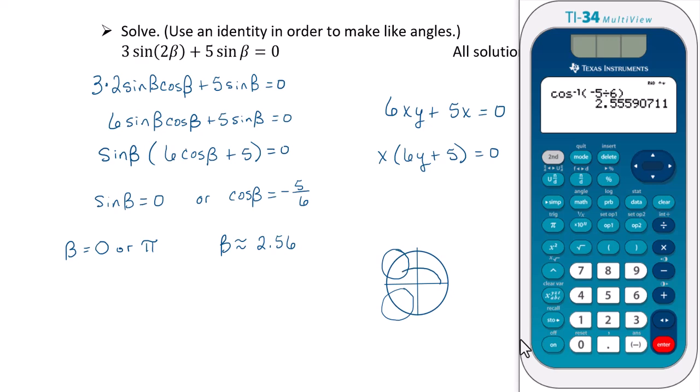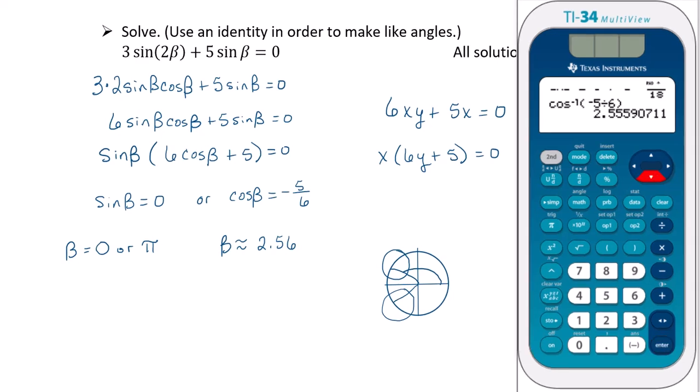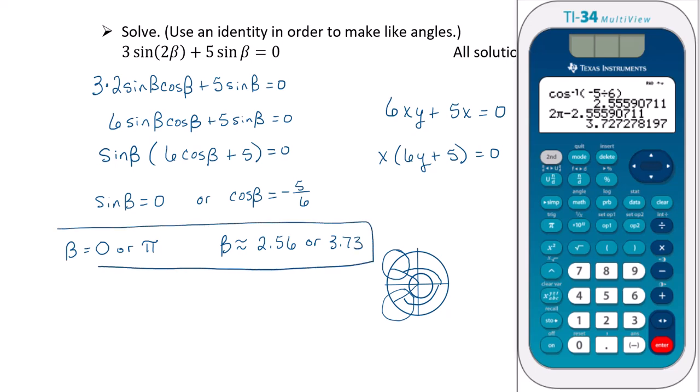So if we're at some 2.56 radians here, to get that angle in the third quadrant, we'll take 2 pi and subtract off the 2.56 radians. So 2 pi minus the 2.56 radians, and that gives me 3.73 radians. So there are my 4 solutions, 2 of them exact and 2 of them approximate.